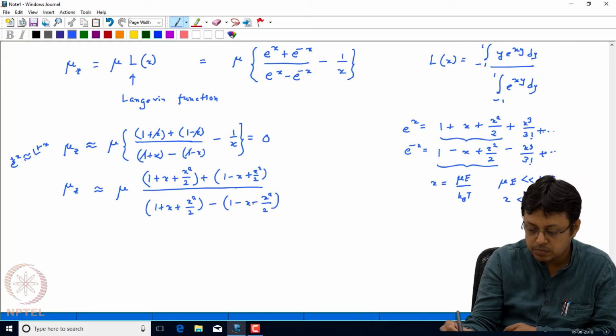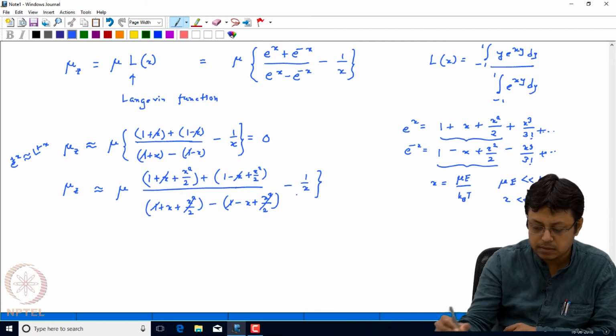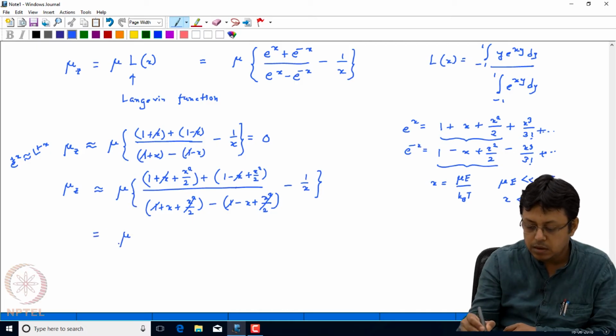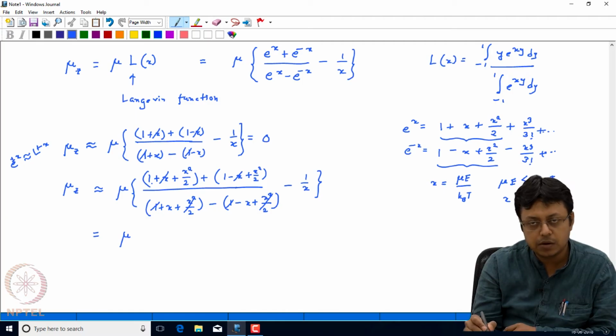This will be plus, and as before the x term gets cancelled here, and in the denominator both 1 gets cancelled as well as the x square by 2 term, and I also have minus 1 over x here. So, let us see the value. It is mu times, in the numerator, 2 times 1 plus x square by 2, and the denominator also will have a 2.